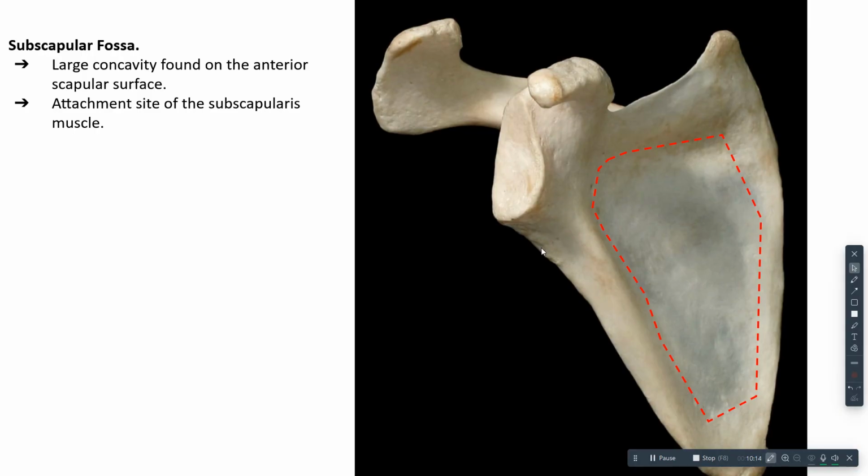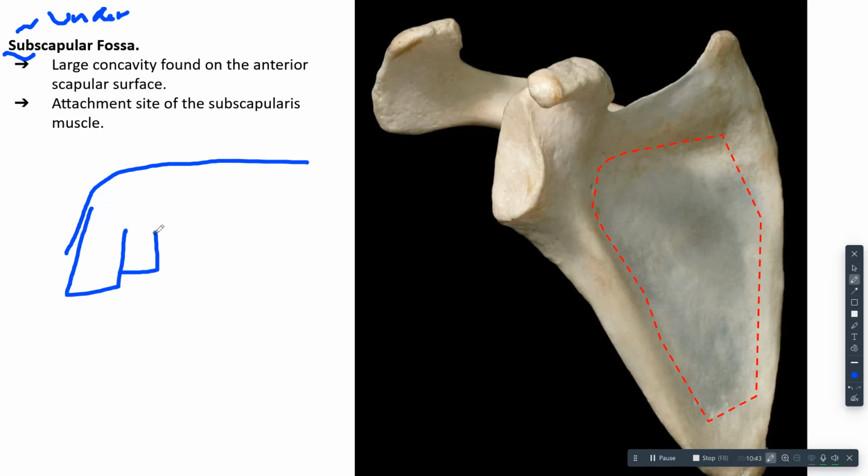Now I know what you're thinking. The word subscapular. I see your brain working. Sub means under, right? And as we're thinking about anatomical position, this concavity is not under the scapula. Well, you've got to realize it is not named after you and me. You and me, what are we?